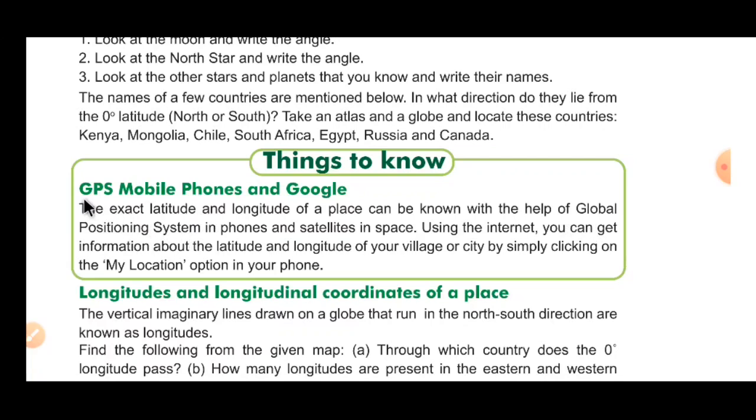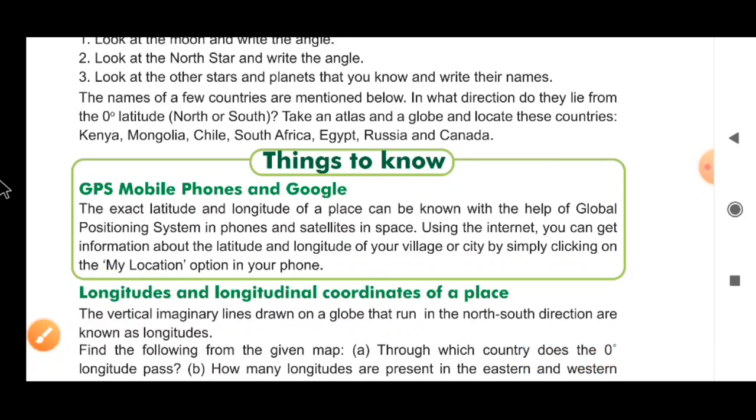This is the full form of GPS. In phones and satellites in space, using the internet, you can get information about the latitude and longitude of your village or city by simply clicking on the My Location option on your phone.